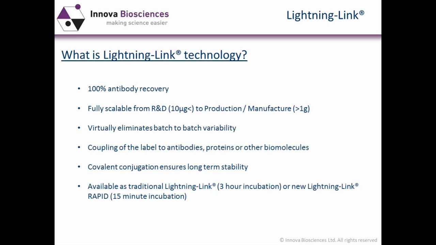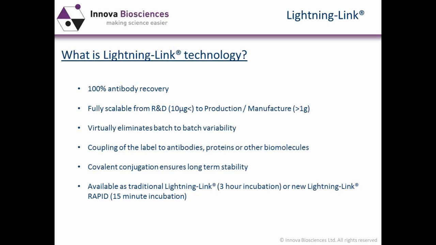Conjugating 1 milligram of antibody will provide you with many thousands of tests for most flow cytometry experiments. The simplicity of the reaction overcomes batch-to-batch variability, and as well as labeling antibodies, which we're mainly focusing on today, you can label other proteins or biomolecules.